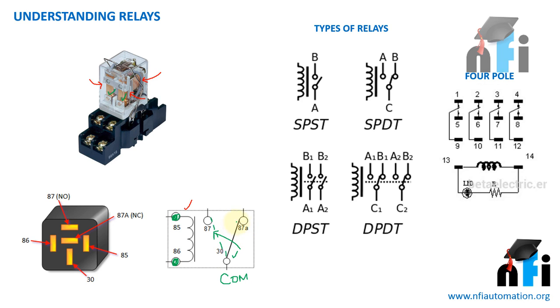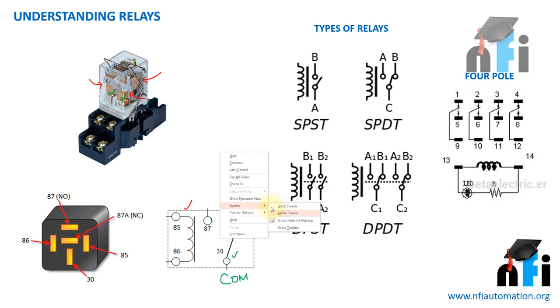Now there are 2 points: we have 87A and 87. Suppose the relay is not energized, you haven't provided supply. Initially the common will be at 87A.